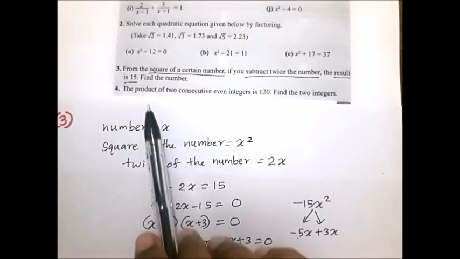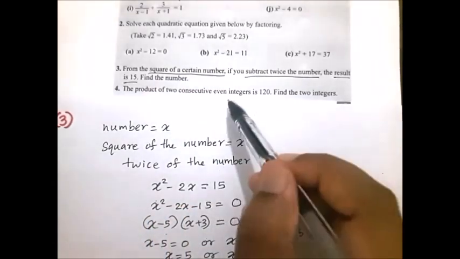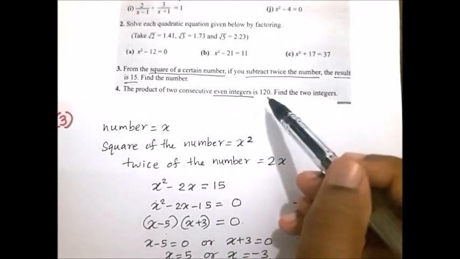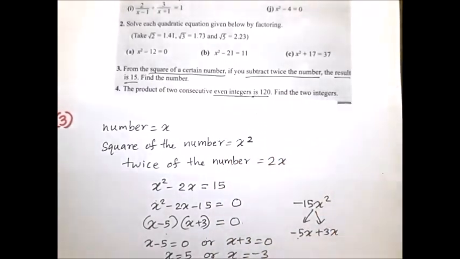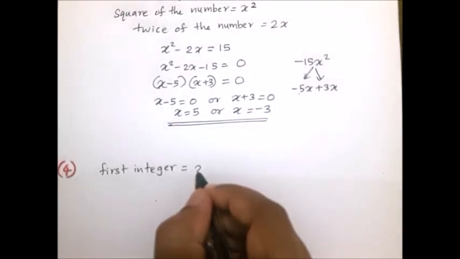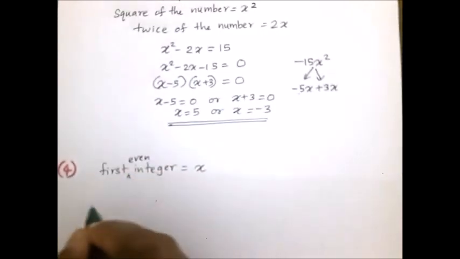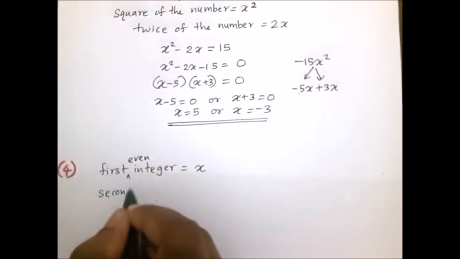Look at the fourth question. The product of two consecutive even integers is 120. Find the two integers. I am going to take the first integer as x. First even integer. Then the second even integer.